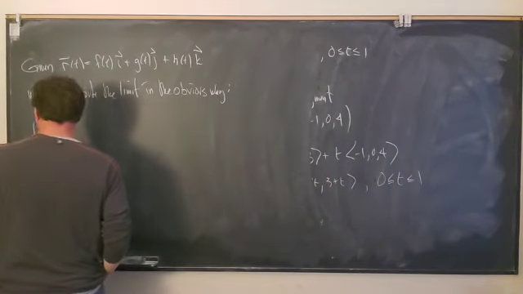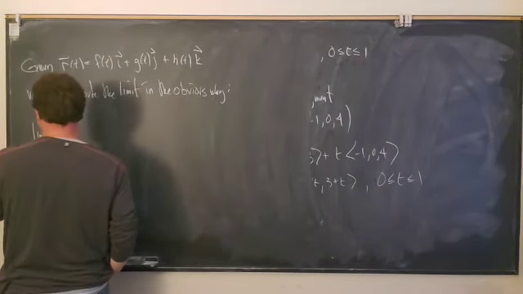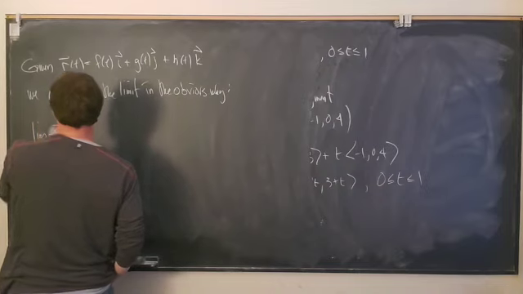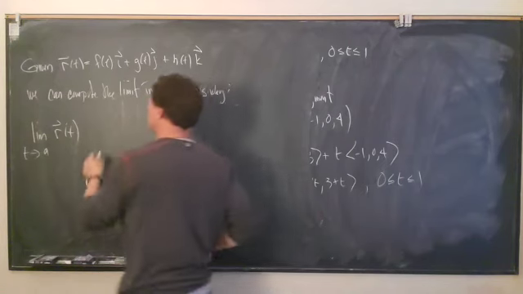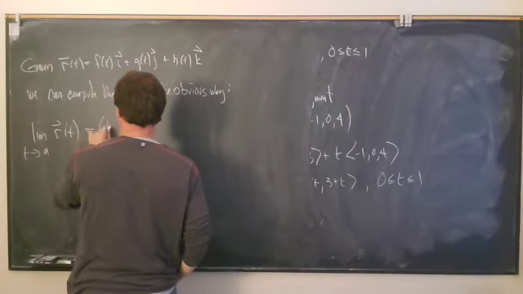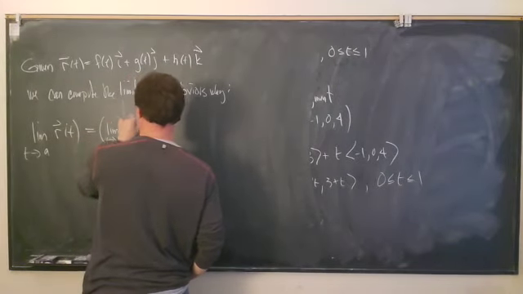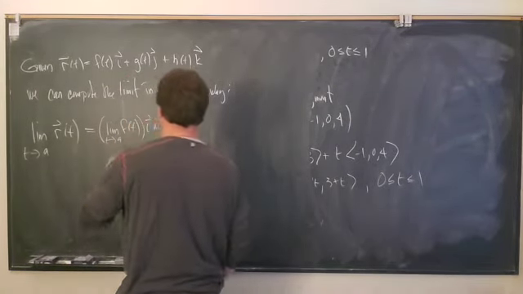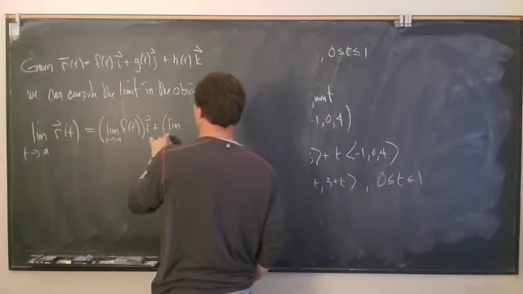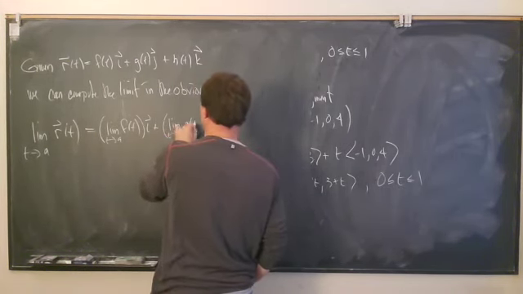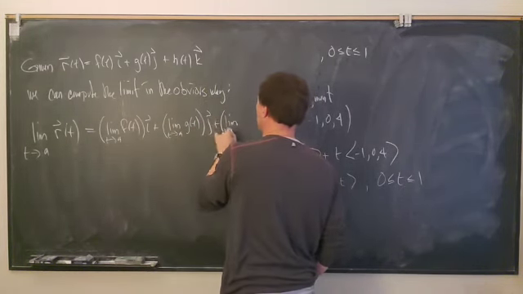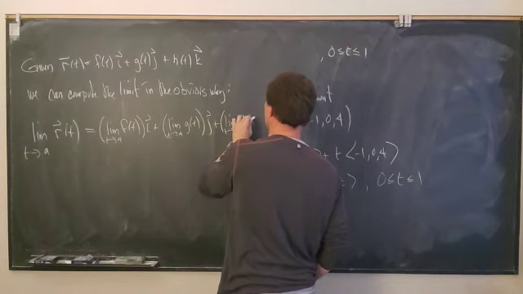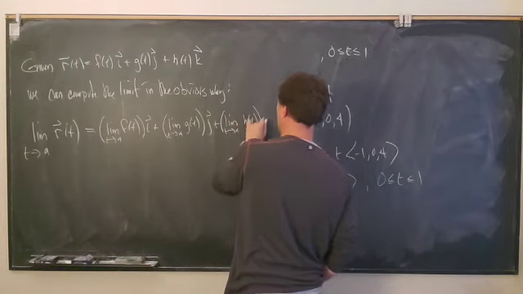The limit as t approaches a of r(t) is computed by computing the individual limits: the limit as t approaches a of f(t) times i, plus the limit as t approaches a of g(t) times j, plus the limit as t approaches a of h(t) times k.